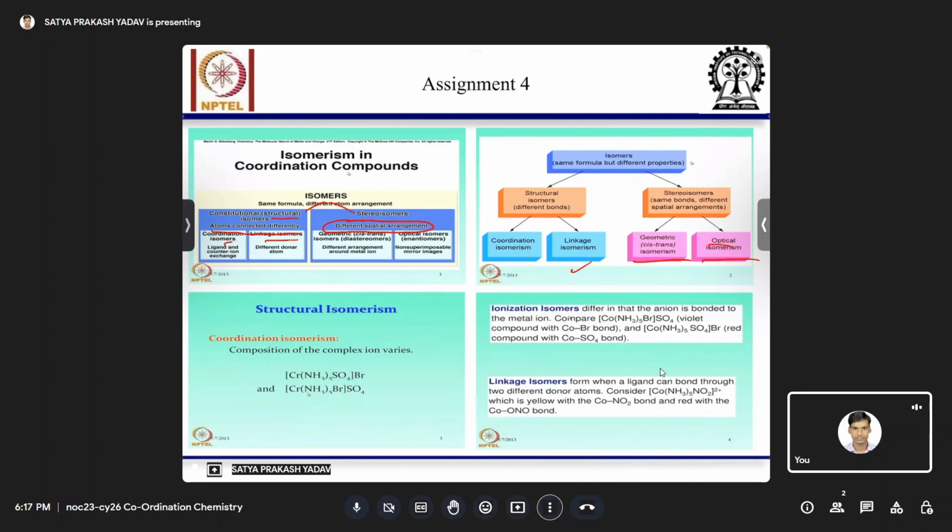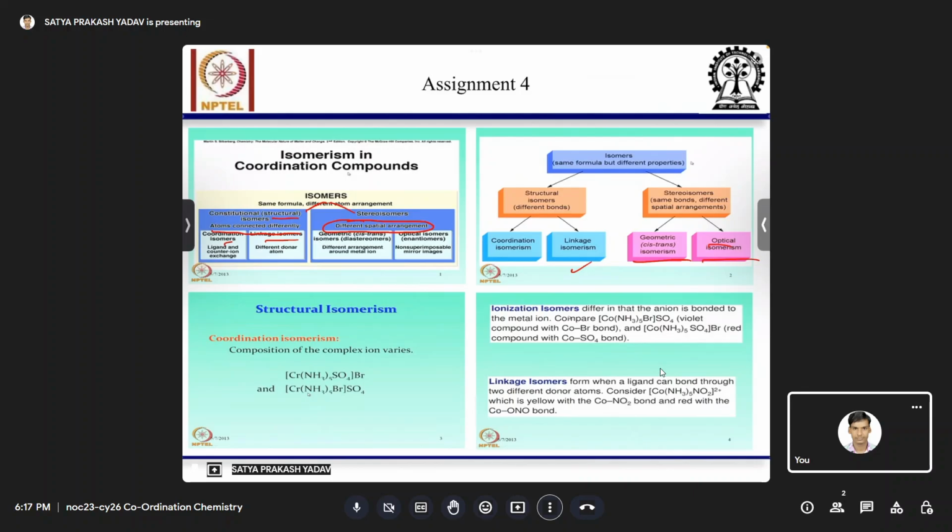So first of all, what is coordination isomerism?